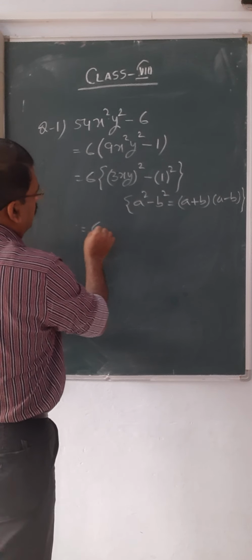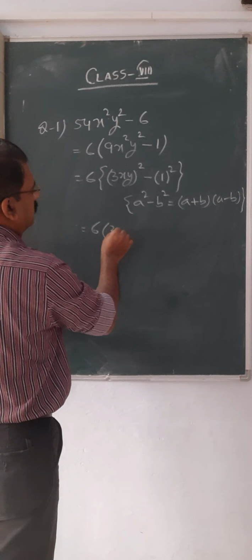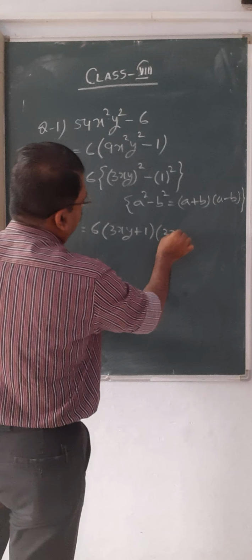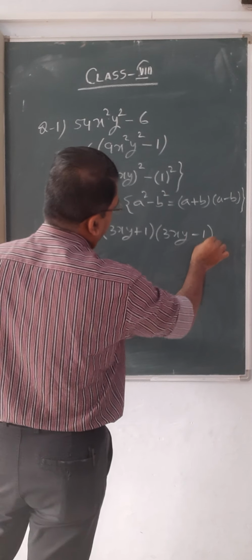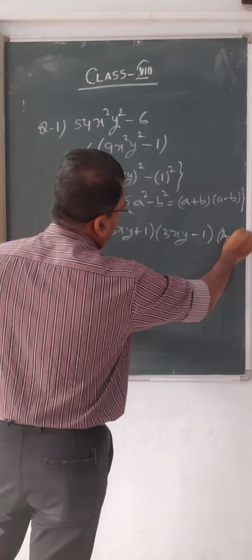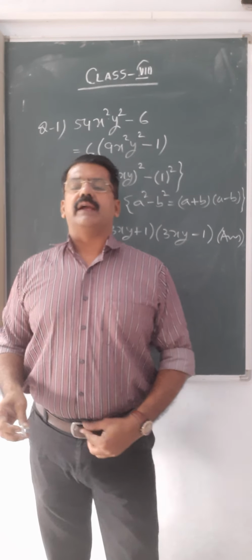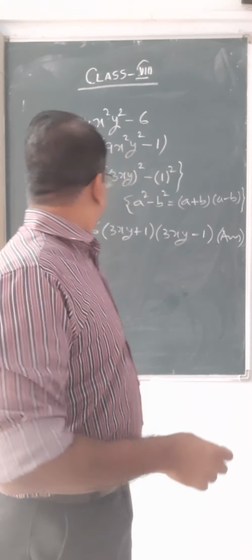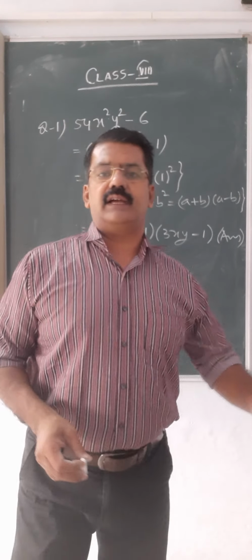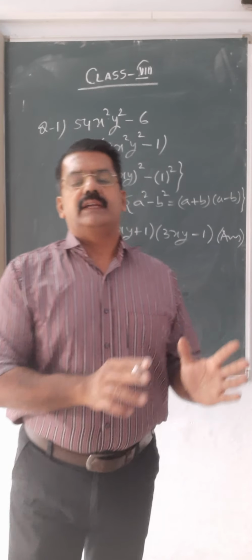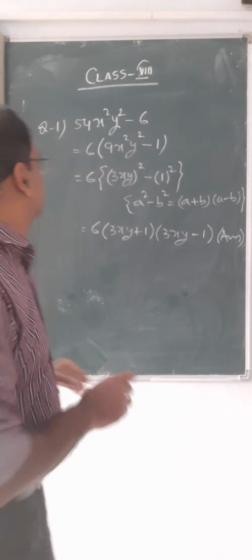So 6, and now in one bracket 3xy plus 1 and in the other bracket 3xy minus 1, and that is your answer: 3xy plus 1 and 3xy minus 1. Okay, so this is the complete factorization of the given expression.